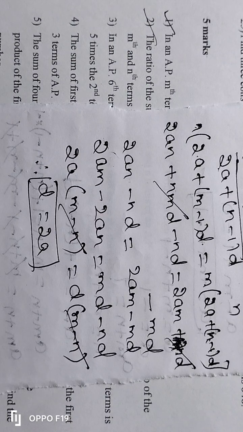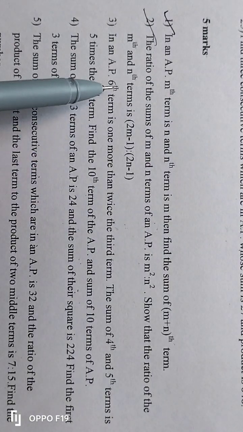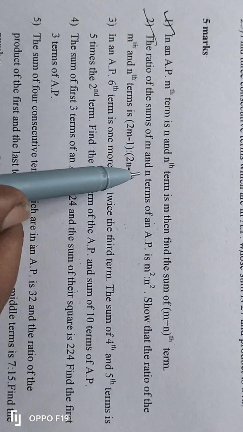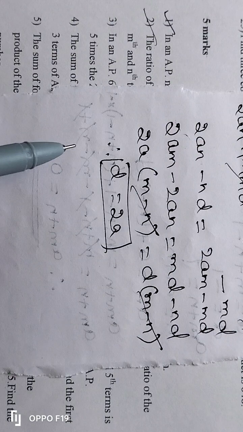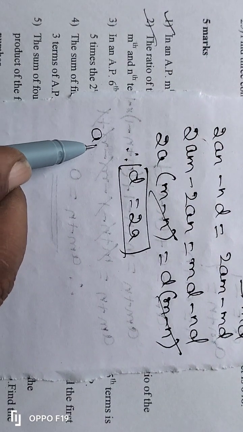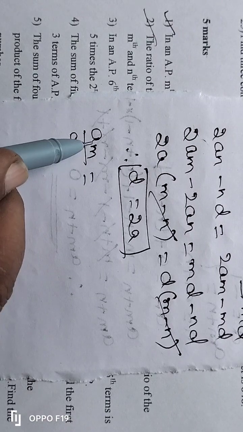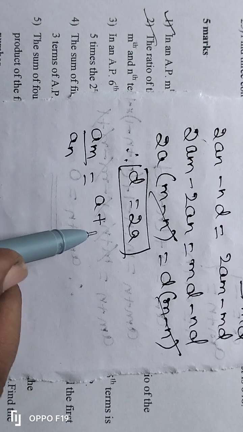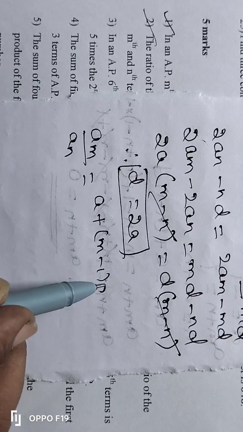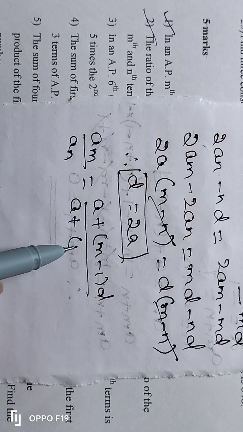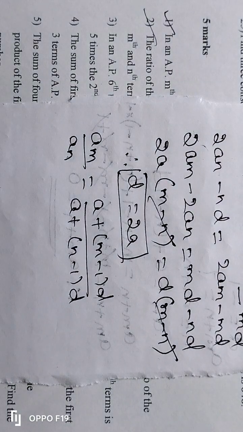After getting the value d is equal to 2a, now let us take what we have to find out. We have to find out the ratio of mth term and nth term. So let us write the ratio of mth term and nth term. So am divided by an is equal to, am can be written as a plus m minus 1 into d divided by, an can be written as a plus n minus 1 into d.